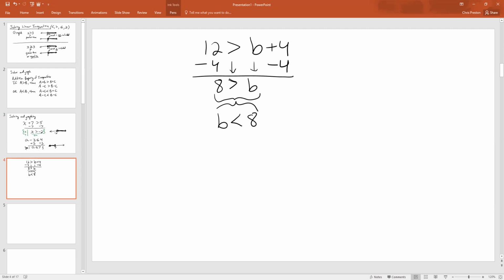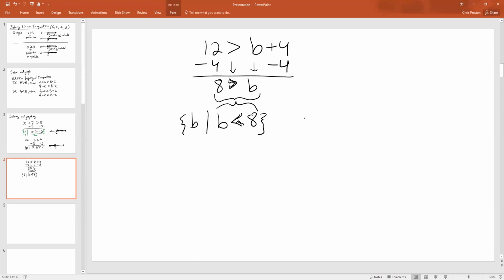Keep in mind this is kind of like the alligator mouth, chomp, chomp, chomp. My alligator wants to eat the 8. When I flip it around, that relationship should stay true. My alligator still wants to eat the 8. If you flip it around and suddenly your alligator wants to eat the other one, then you didn't flip it right. And again, if I want to fancy this up, it's the set of numbers B such that B is less than 8.